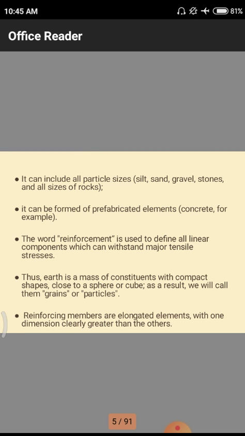It can be formed with prefabricated elements. Normally in reinforced earth, we have to go for prefabricated elements. Why? Because those elements don't have to be constructed on the site. If we construct those elements on the site, we face a lot of time waste.